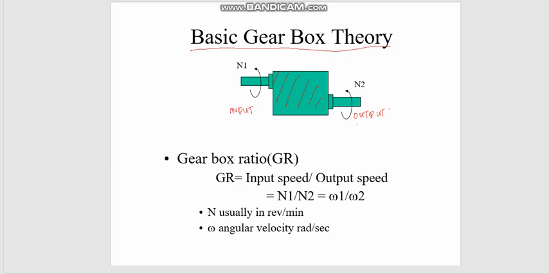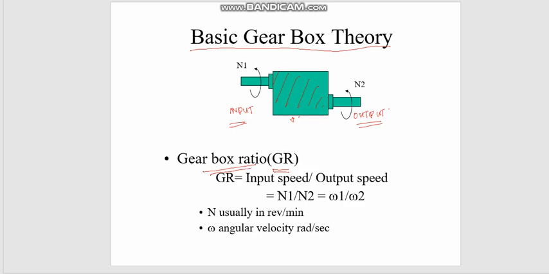So we are concerned with what happens to the input to the system and the effect of the gear system inside the box on the output shaft of the system. And one of the common performance measures that we use and calculate for the basic gearbox theory is called the gearbox ratio.